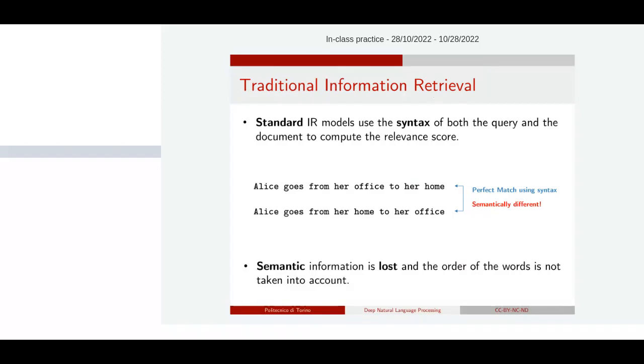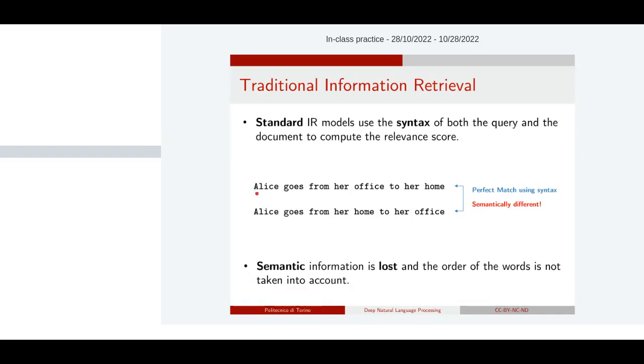So what are the limitations of traditional information retrieval? Traditional information retrieval uses the syntax of both the query and the document to compute a relevance score. If you imagine the example we have here on the slide, I have "Alice goes from her office to her home".